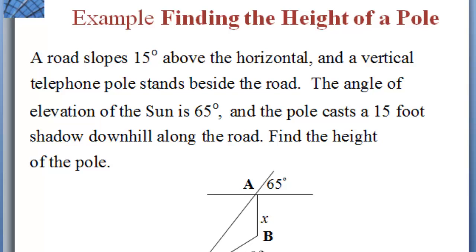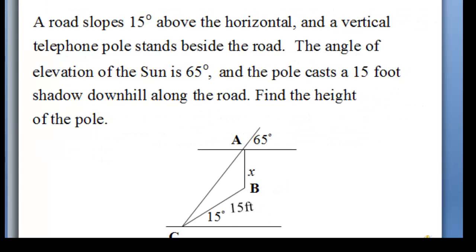Let's work out another one together. We're going to find the height of a pole. If we have a road sloping 15 degrees above the horizontal, so here's our road at 15 degrees above the horizontal, and a vertical telephone pole stands beside the road, and here's our pole.